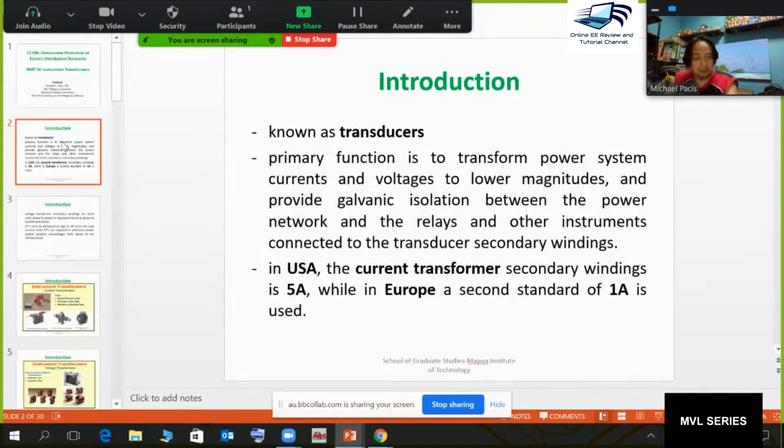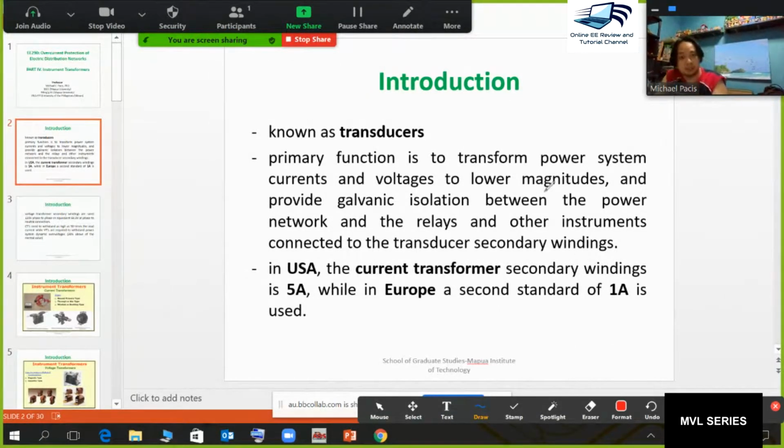Okay, let us have the introduction of your instrument transformer. Instrument transformers are also called transducers. We already described transducers last time, from what a relay is all about. The main function of transducers is to give you a lower value of your quantity, your voltage or your current.